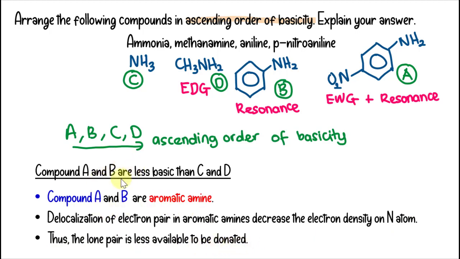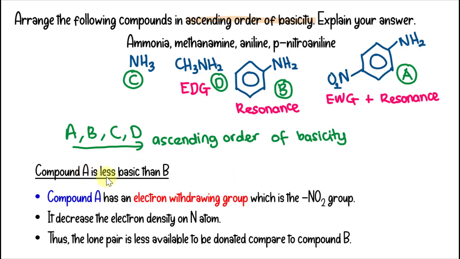So that's why A and B are less basic compared to C and D. Compound A is less basic than B because A has an electron withdrawing group, which is the NO2 group. The presence of an electron withdrawing group will decrease the electron density on the nitrogen atom. Thus, the lone pair is less available to be donated compared to compound B.